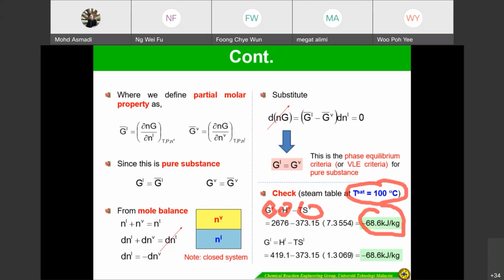Once you calculate the Gibbs energy for the liquid phase, it is similar, meaning that your Gibbs energy for vapor and liquid is similar. So this is true, they must be in equilibrium. That is why you can do separations, for distillation.